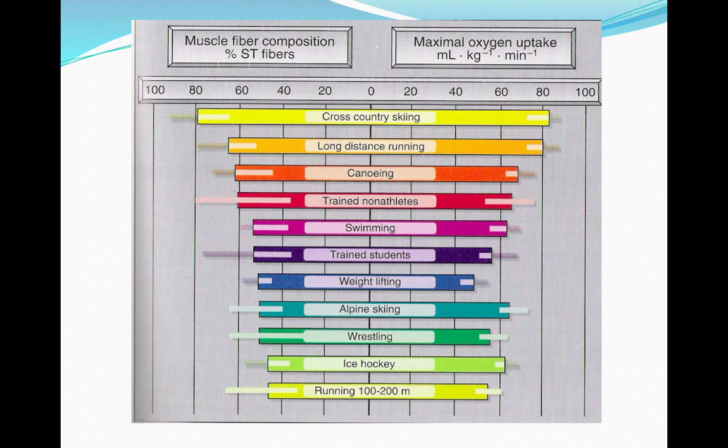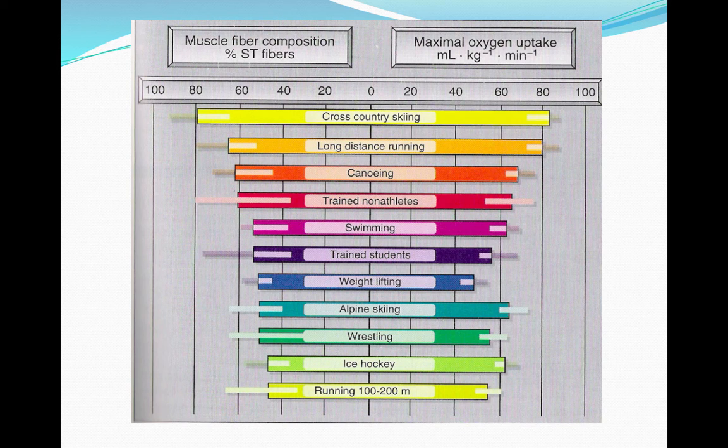where you were looking at that percent slow twitch fiber composition, and that's on the left side there. Compare that to maximal oxygen uptake of the average person in that group. You can clearly see that the individuals that have a higher amount of slow twitch or type 1 fibers pretty much have a higher VO2 max, right?